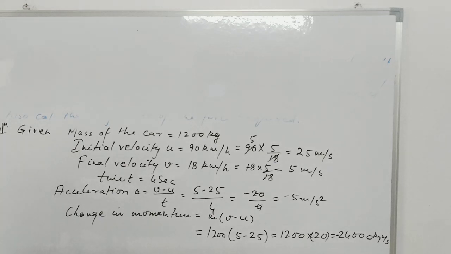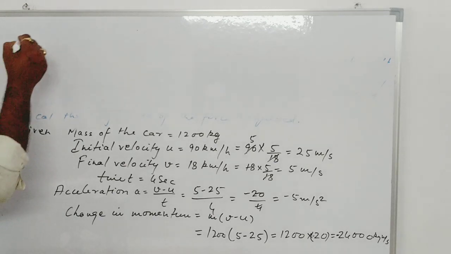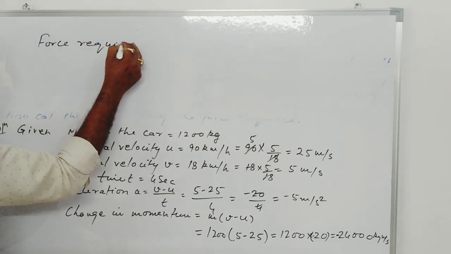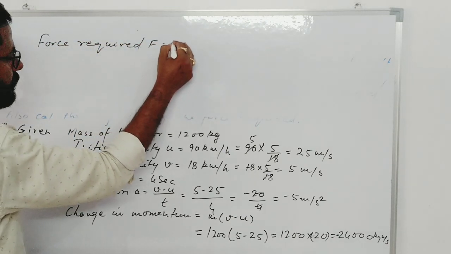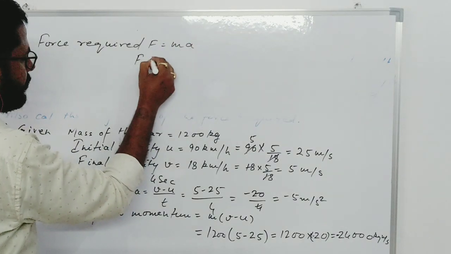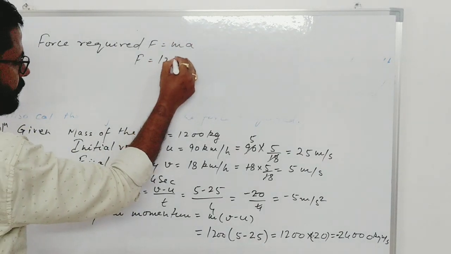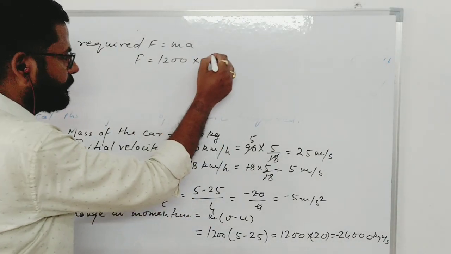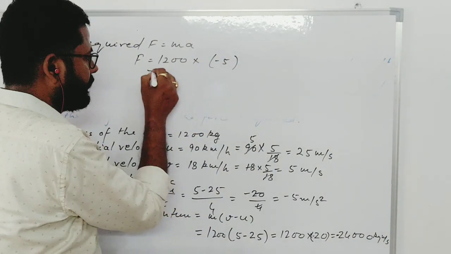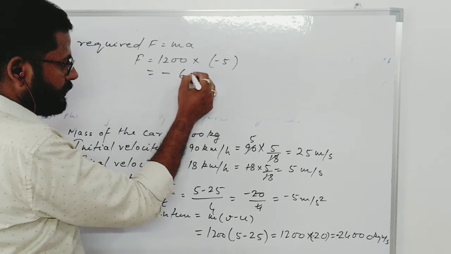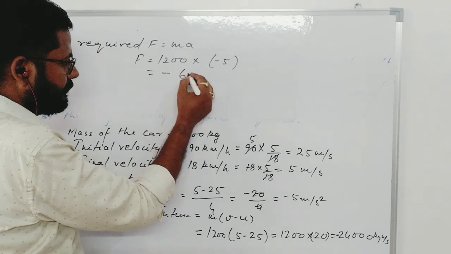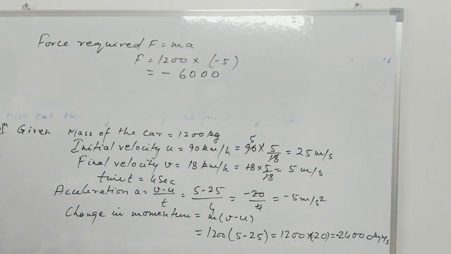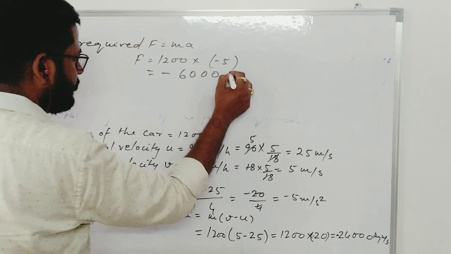So force required, F is equal to m into a, mass 1200 into acceleration minus 5 meter per second square, and that is equal to minus 6,000 Newton.